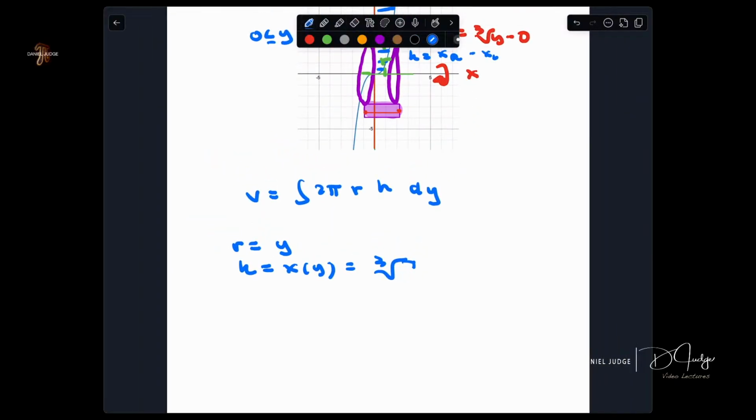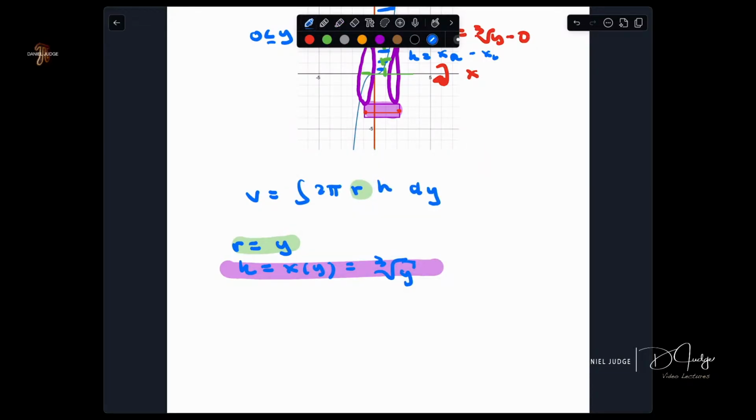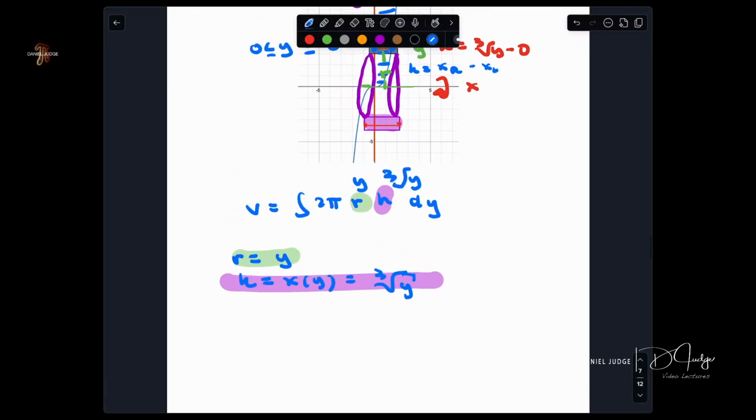All right. Let's remind people. Your radius, and then you get your what? Your height. So just plug these in. Radius is y. Height is the cube root of y. So let me do more here.